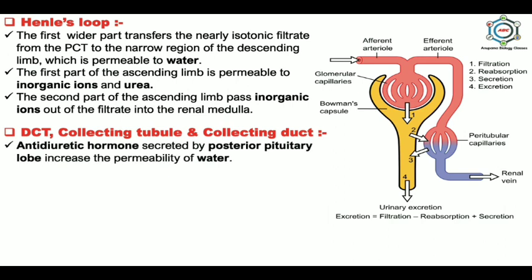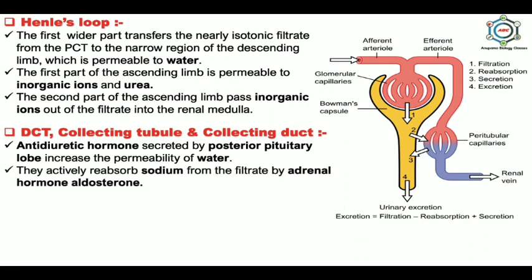Here in DCT the level of plasma water falls, and the posterior pituitary lobe starts releasing antidiuretic hormone which increases the permeability of DCT, collecting tubule and collecting duct to water. Because of this, water is reabsorbed from the filtrate and reduces the amount of concentrated urine which is produced.